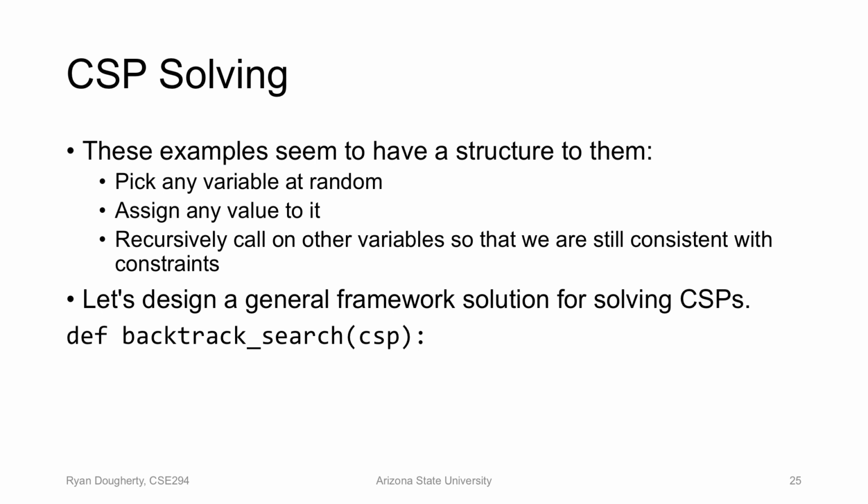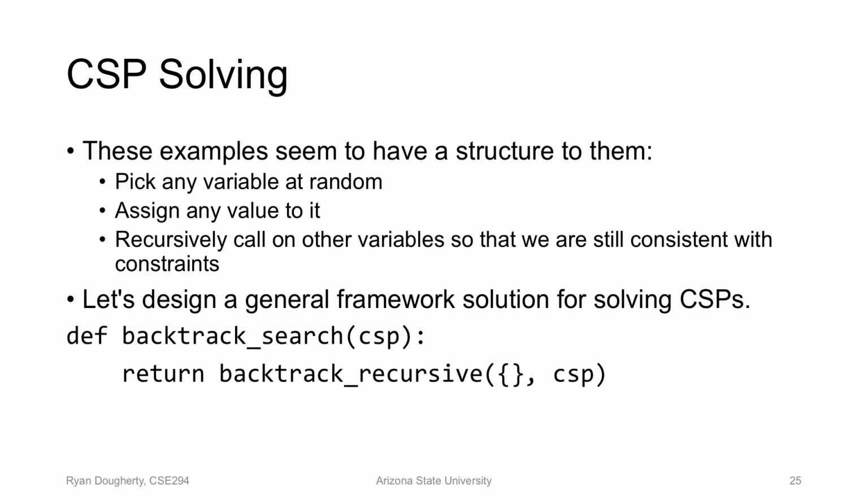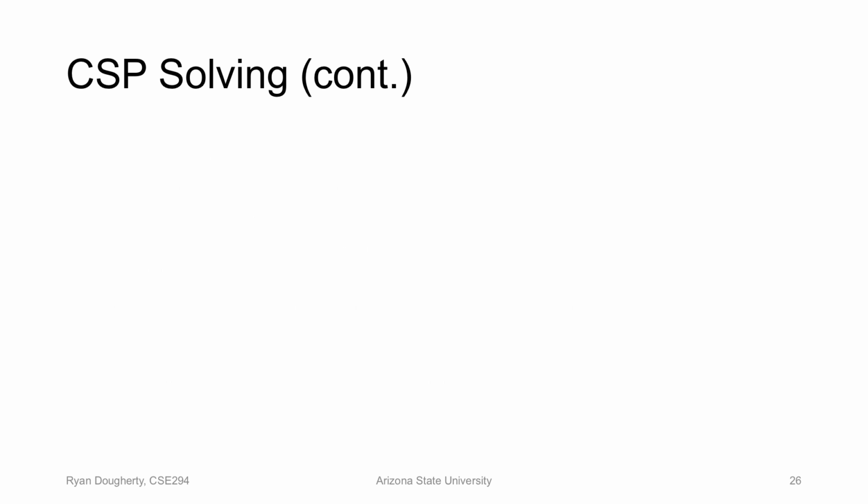So let's just look at a general framework: backtracking search with a particular problem, which I call CSP. This method, backtrack search, is just basically the handler for a method which will do all the recursion for me, recursively calling when I pick a variable with a value.